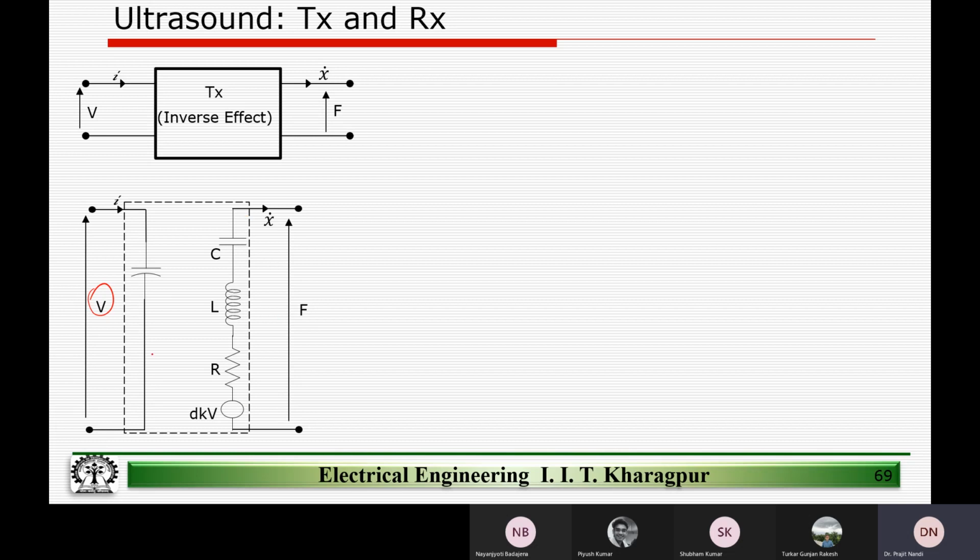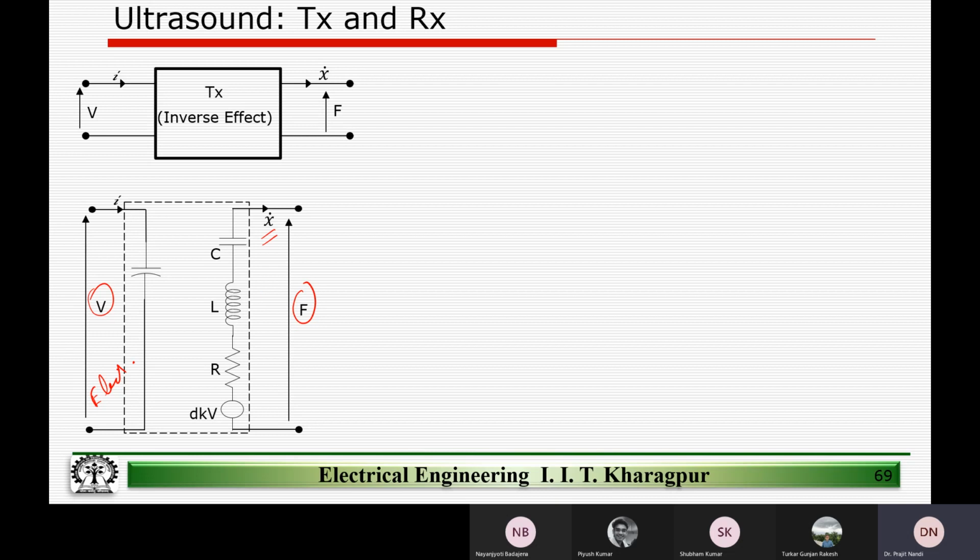Please note that this model on the left-hand side is my electrical input signal. On the right-hand side, I'm obtaining a mechanical signal in terms of force or displacement. So if it's a two-port network, on the left-hand port we apply an electrical signal, and on the right-hand port I will get a mechanical signal based on some parameters.